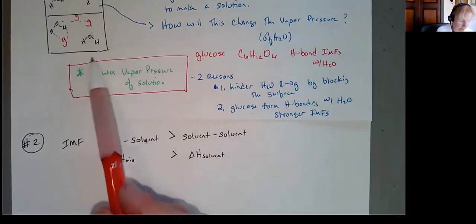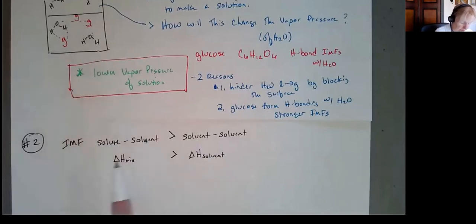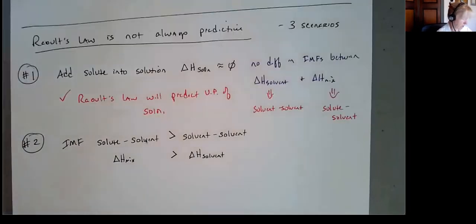So I have this scenario here. I've gone into solution because when I form these intermolecular forces between the solvent and the solute, that's going to be greater than the solvent-solvent intermolecular forces. And so that's going to be favored. That means my enthalpy is negative. And that is going to allow me to use Raoult's law to predict.